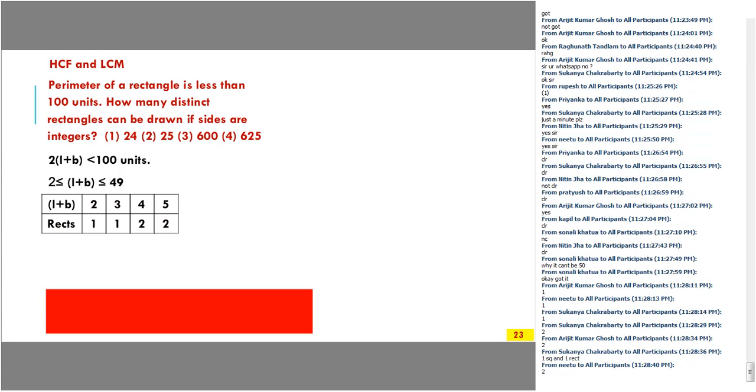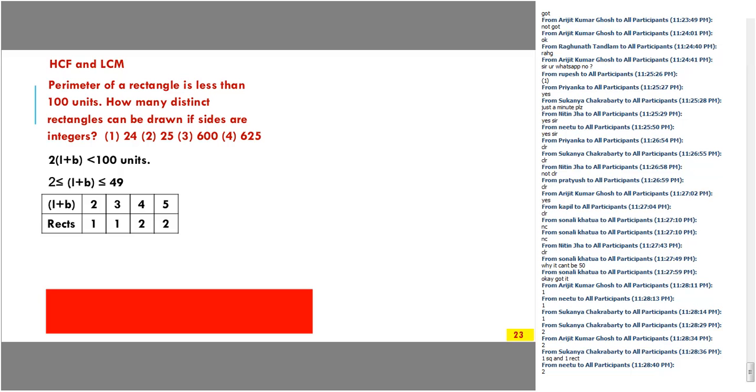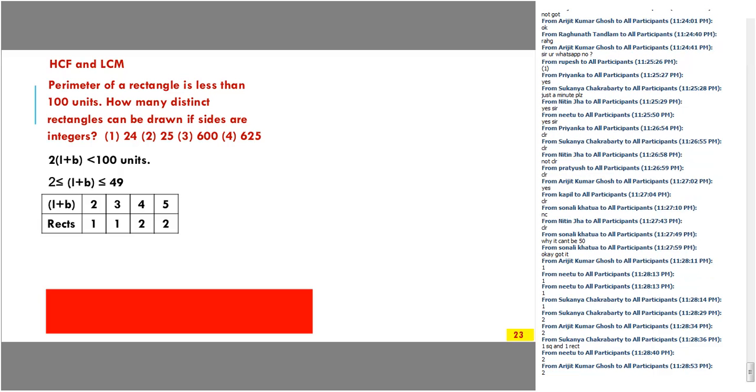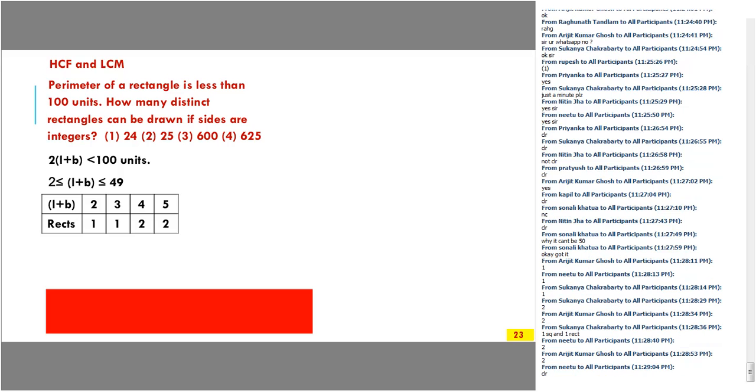Yes, a square is also a rectangle. Please remember, a square is also a rectangle. If L plus B is 5, what will happen? So L plus B is 2, 1. L plus B is 3, 1. L plus B is 4, 2. L plus B is 5, 2. Is everyone clear up to this? Clear with this, because I'm going to extend the logic.